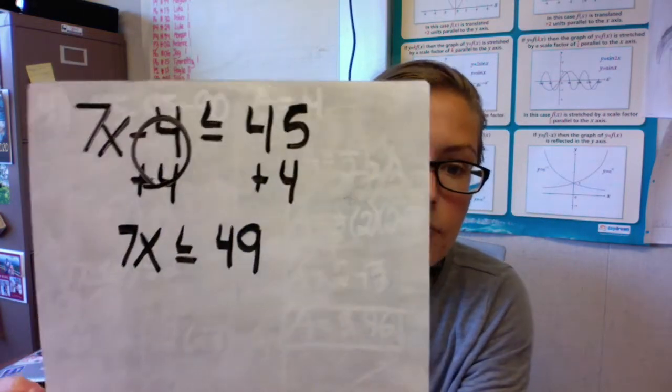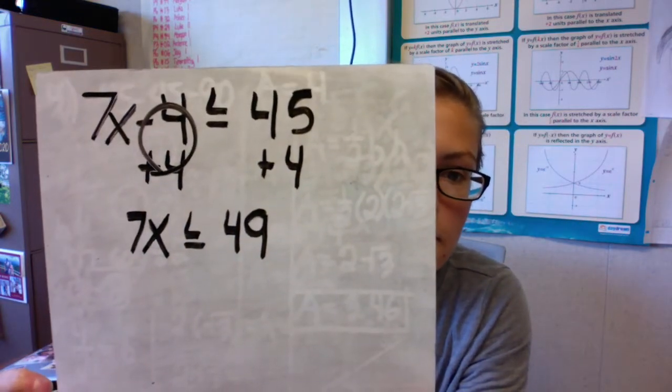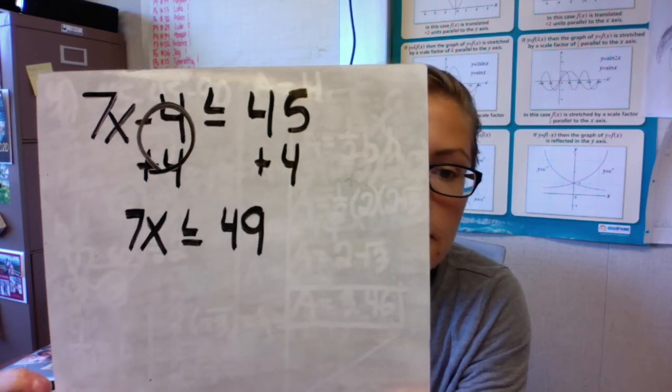So now we have 7x is less than or equal to 49. Next step is we're going to divide both sides by 7. And we get x is less than or equal to 7.